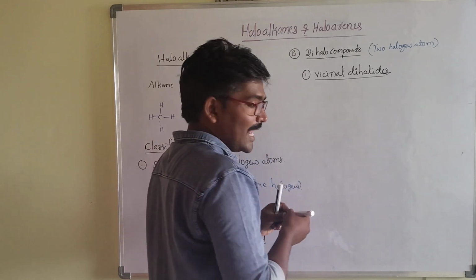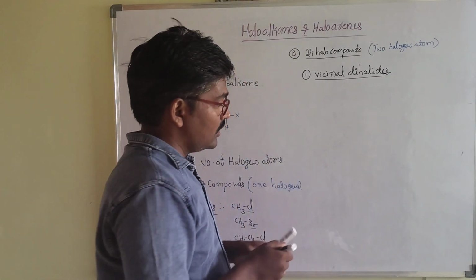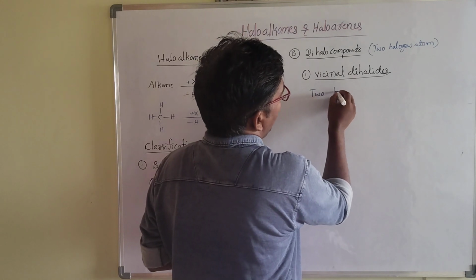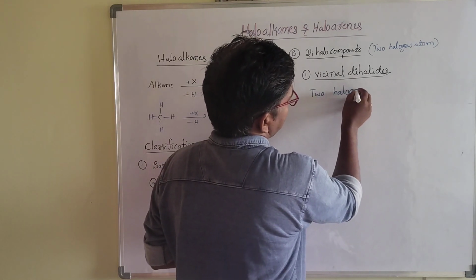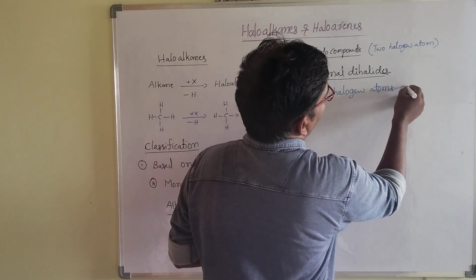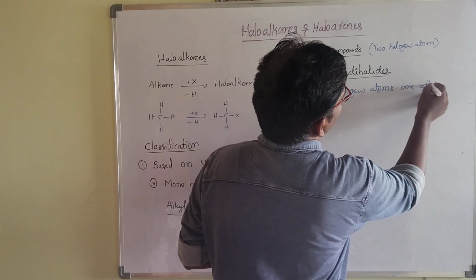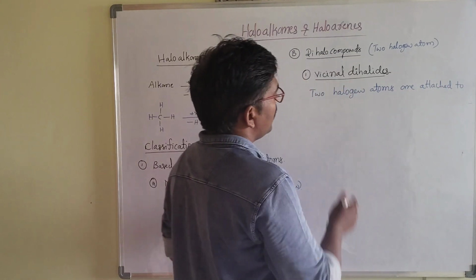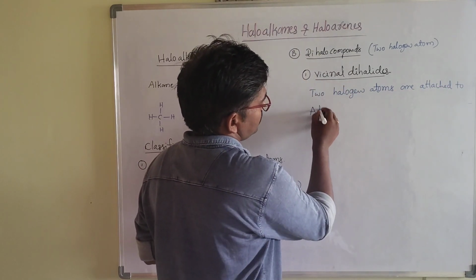What do vicinal dihalides mean? 2 halogen atoms are attached to adjacent carbon atoms.